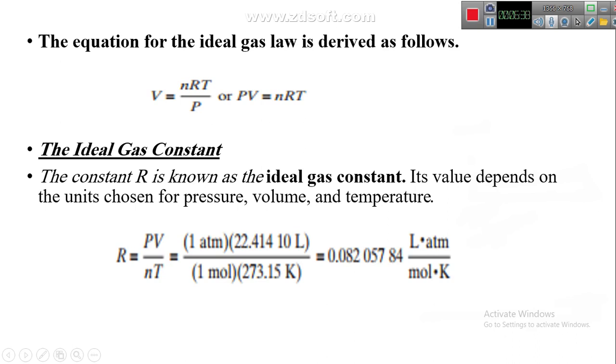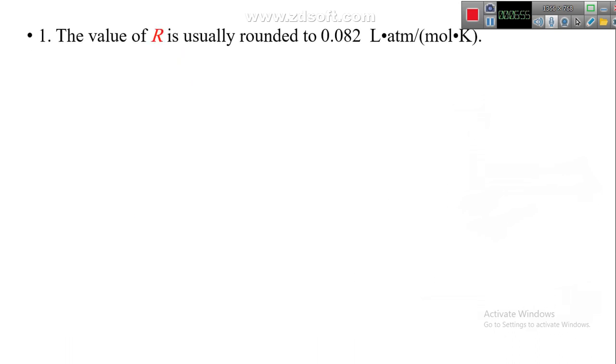By dividing these values, we get R equal to 0.08206 liter atm per mole Kelvin, usually rounded to 0.082.